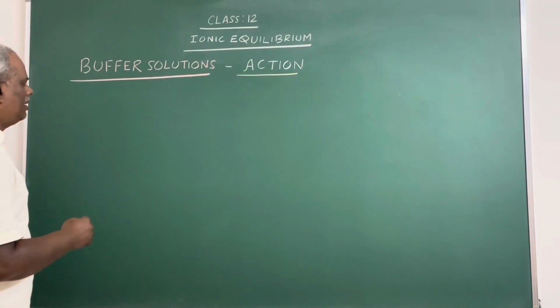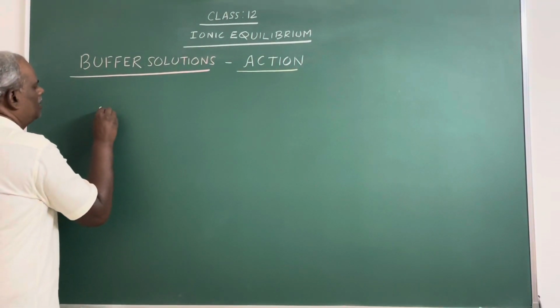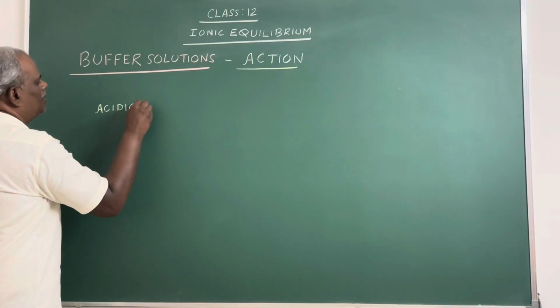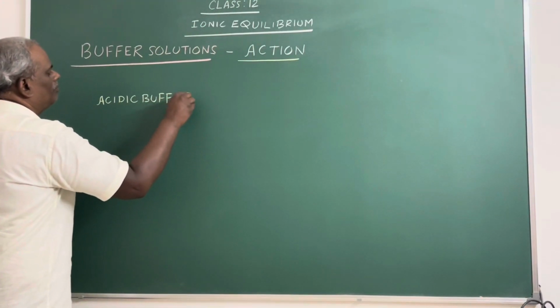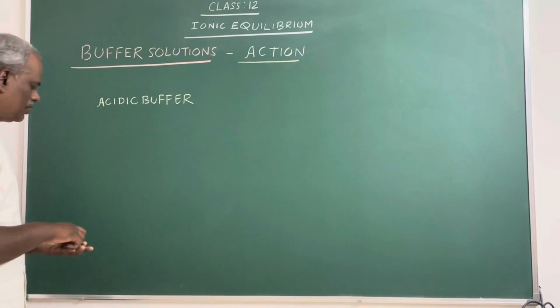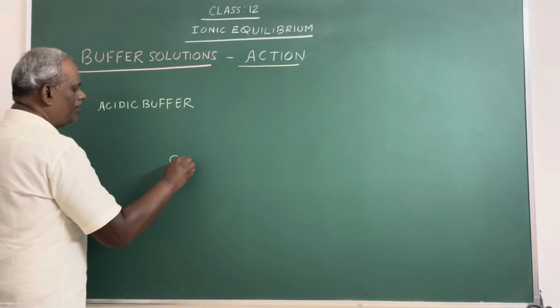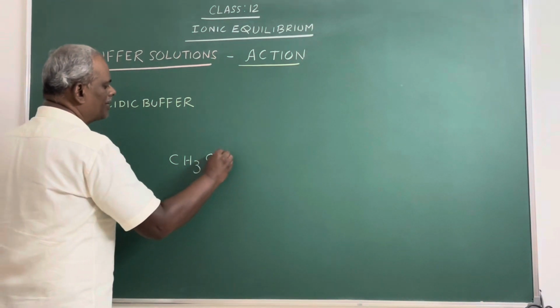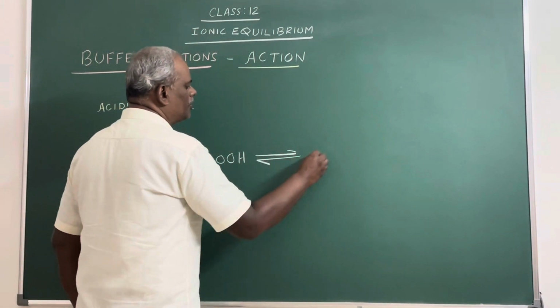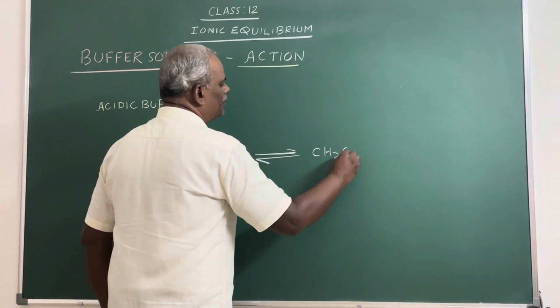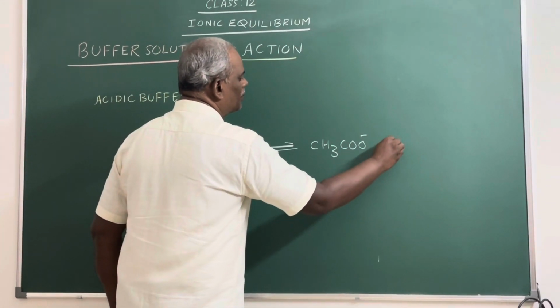We know that there are two types of buffer solutions. First, we can take acidic buffer for our discussion. This is the acidic buffer which is constituting the weaker acid, namely acetic acid, CH3COOH, that is partially dissociated to form CH3COO minus and H plus.